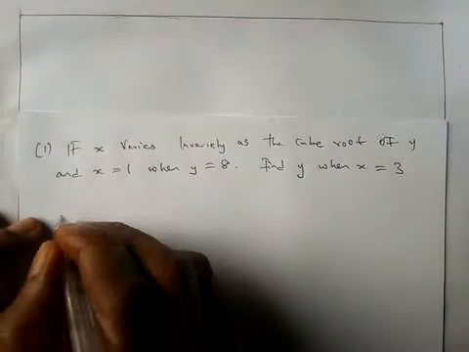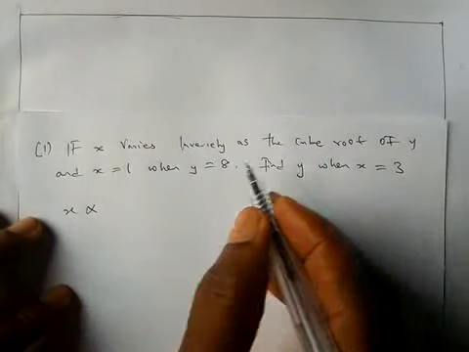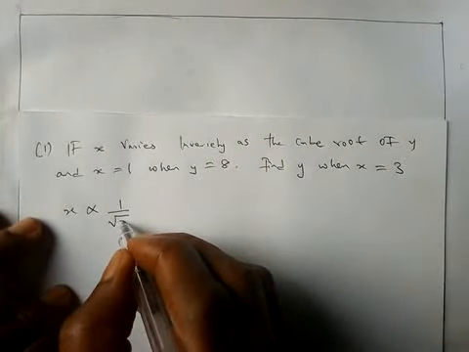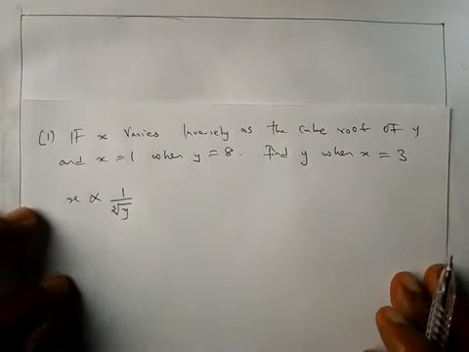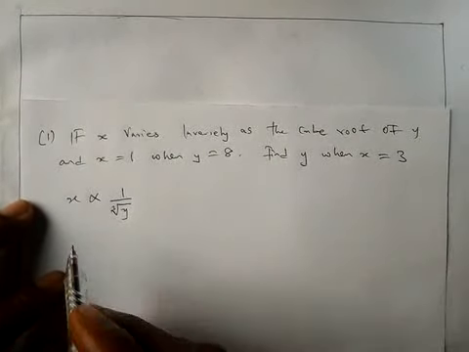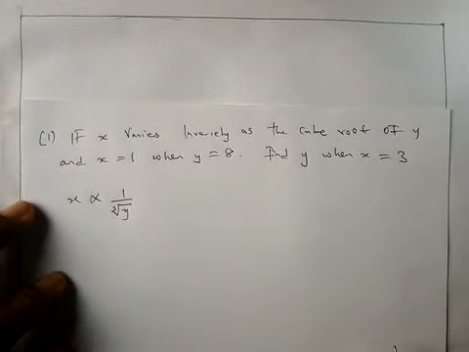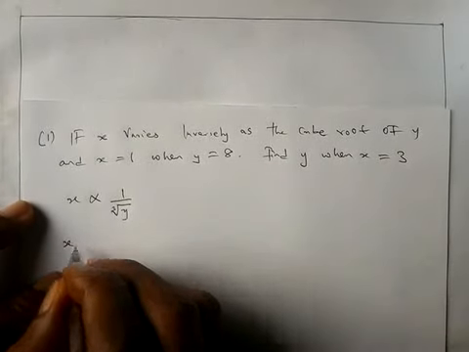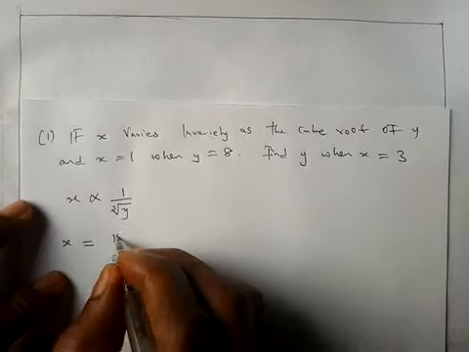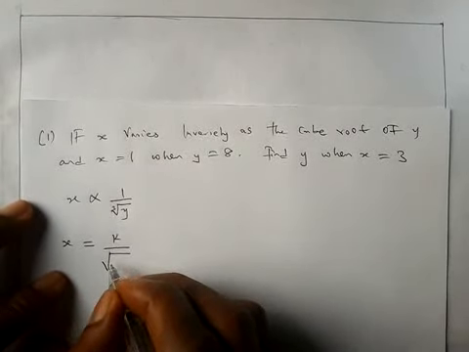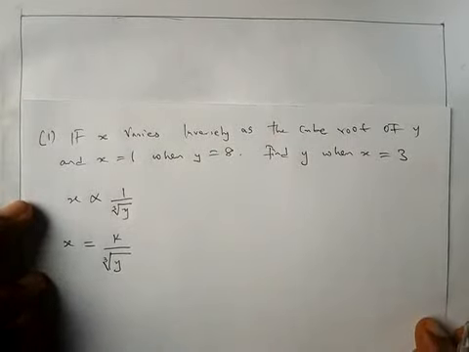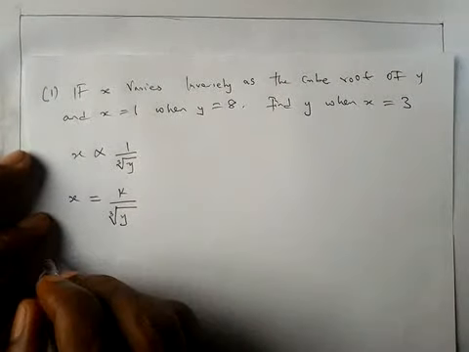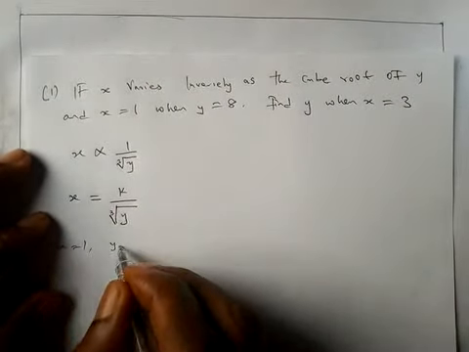Okay, s varies inversely as the cube root of y, meaning that s is equal to k over the cube root of y. When s is 1, y is 8.